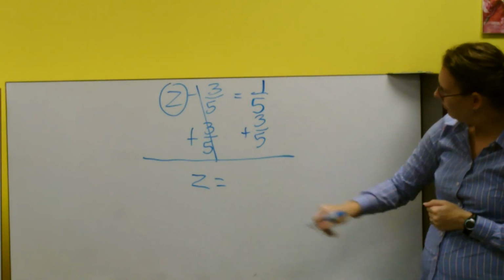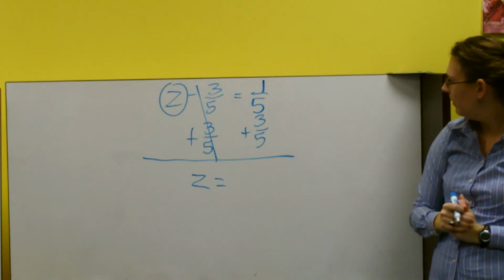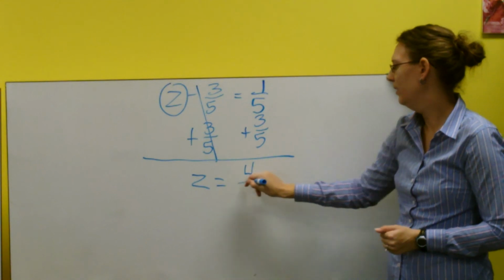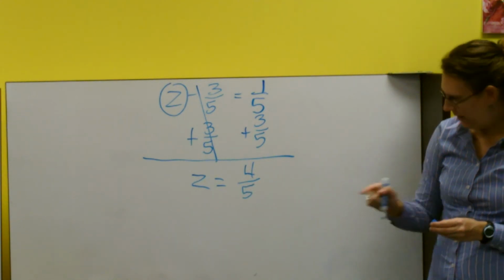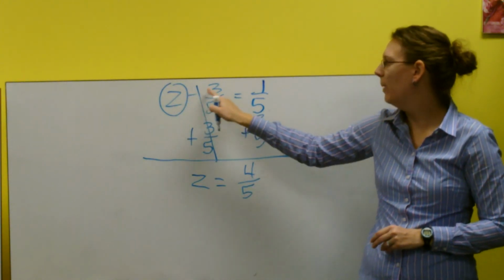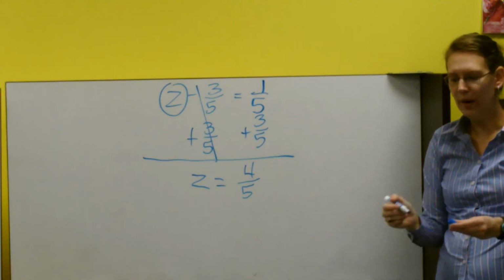Can I just work down? Can I add the fractions the way I've got them? Yes. And what am I going to get? 4 over 5. Beautiful. Z equals 4 over 5. Alright, if we plugged 4 over 5 back in, 4 over 5 minus 3 over 5 would get us 1 over 5, so our Z is correct.